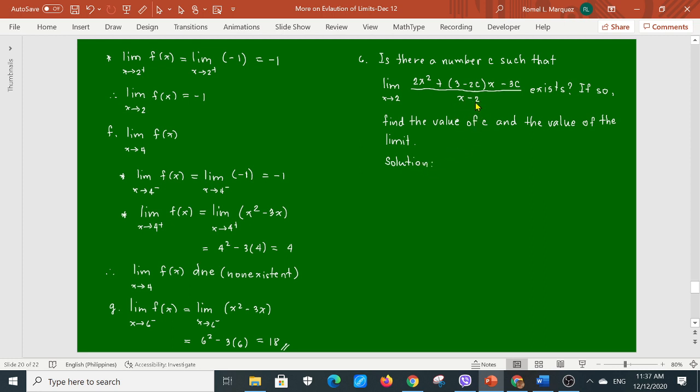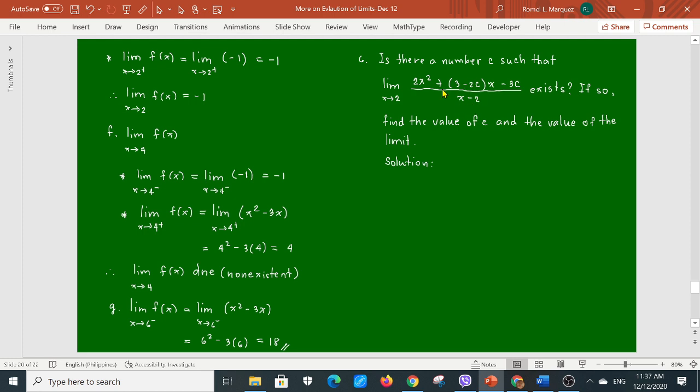Notice that the denominator is x minus 2 and it is 0 when x is 2. Therefore, it will not exist if the numerator will not have a factor x minus 2 that can be cancelled, no? So in order for this limit to exist, I must be able to cancel x minus 2.